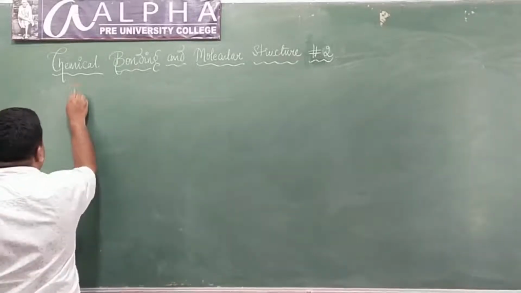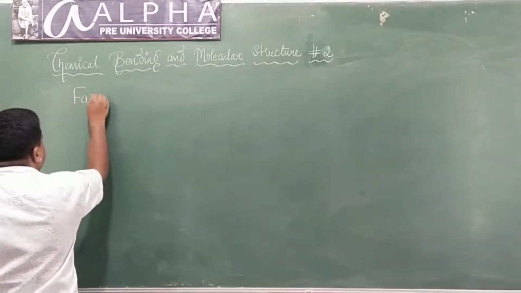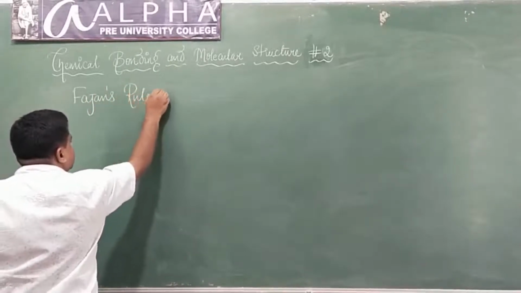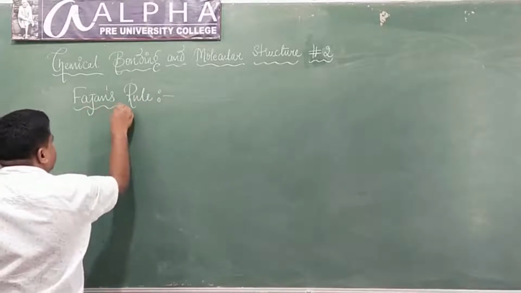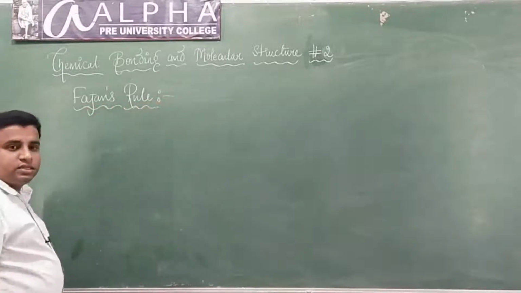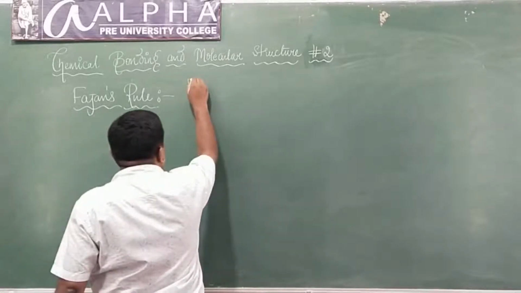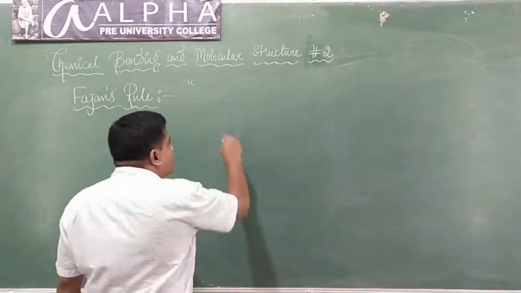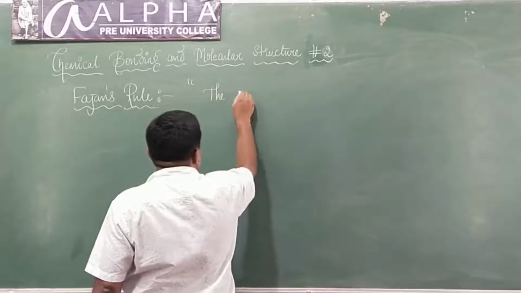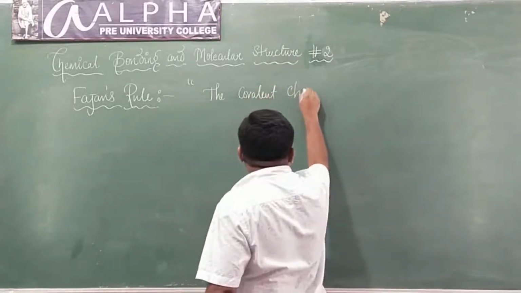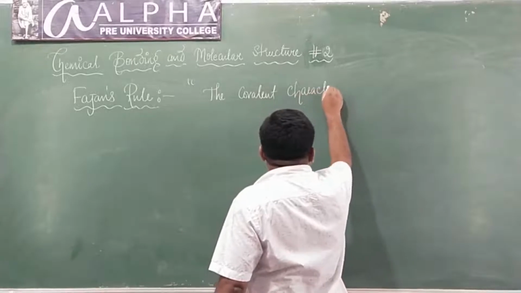Fajan's rule. Why do we need this rule? In order to know the covalent character in an ionic bond.